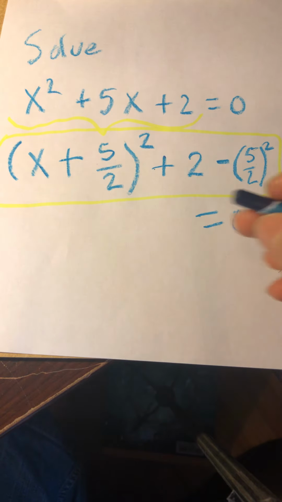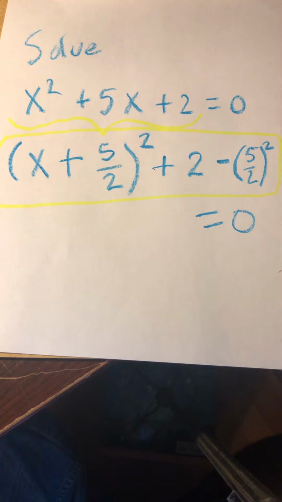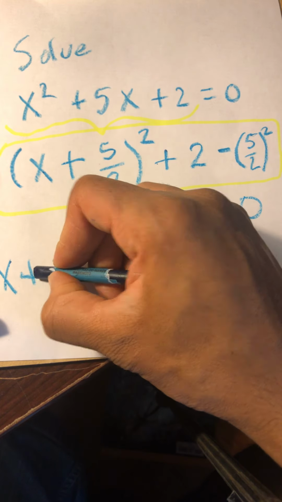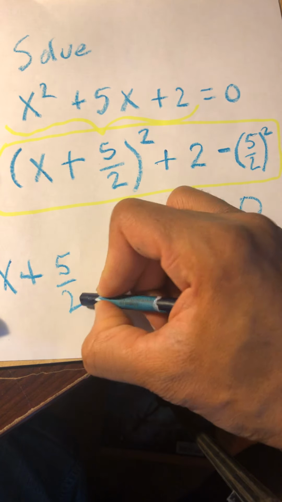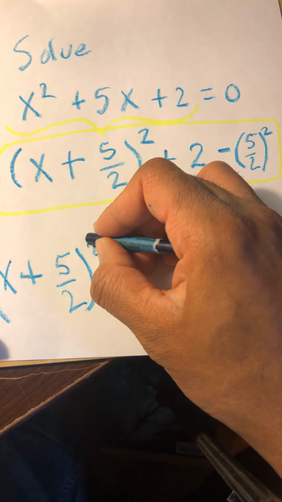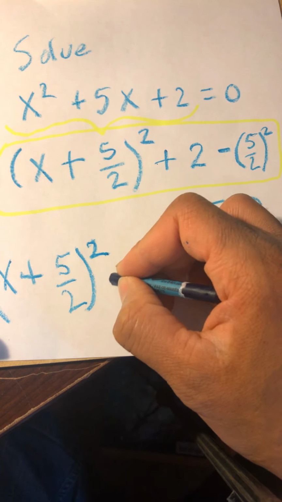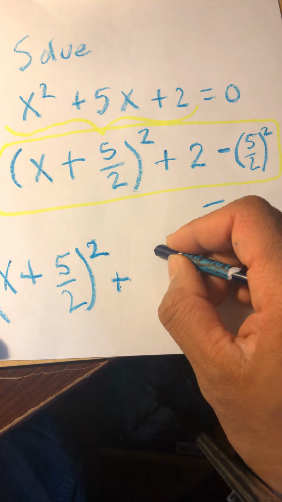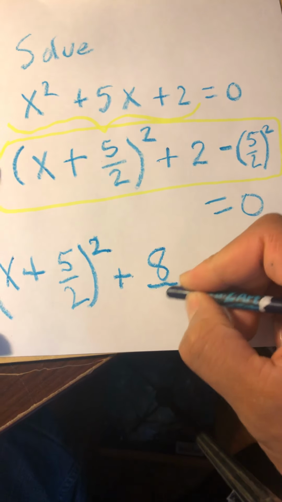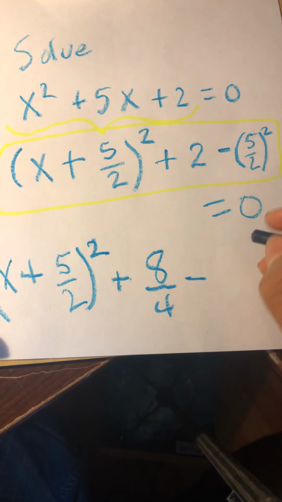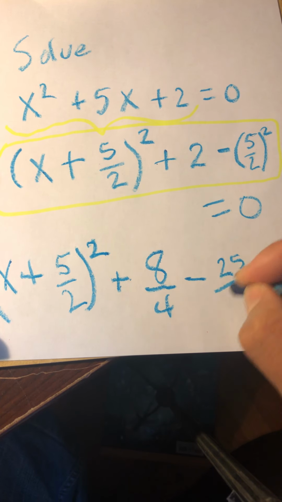And so now, all I need to do is simplify this thing, right? So again, I'm going to keep the square part until the end. So I have (x plus 5 over 2) squared, that quantity is squared. Plus 2 is just the same as 8 over 4. Just notice that 2 is 8 over 4. When I square 5 over 2, I'm going to get 25 over 4.